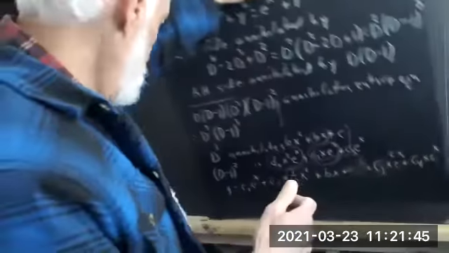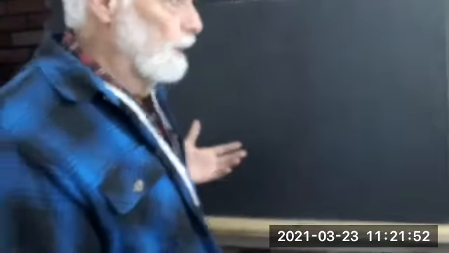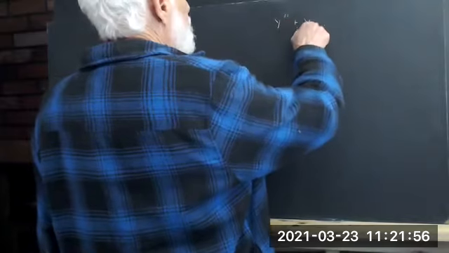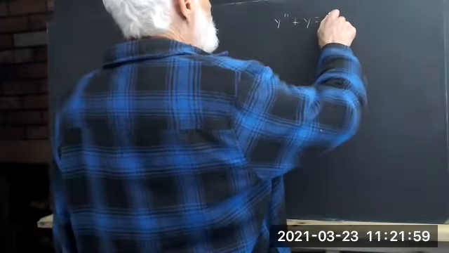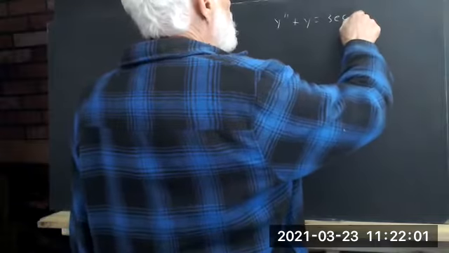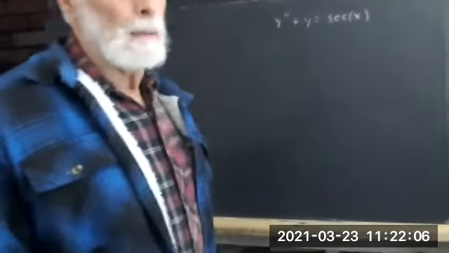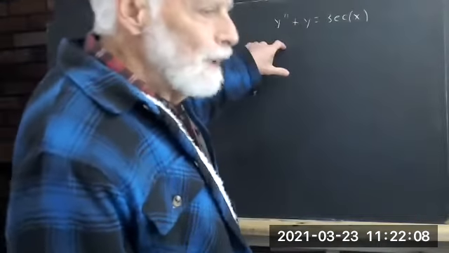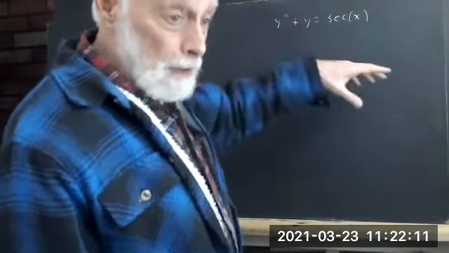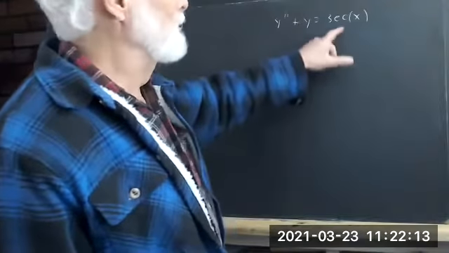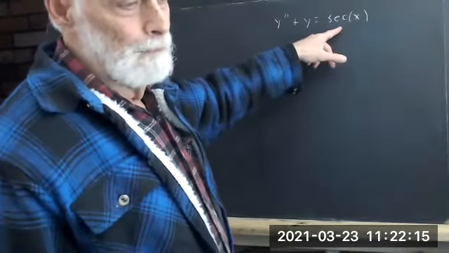If you have a very simple equation, kind of a standard equation to introduce this method, variation of parameters, whether you use differential operators and annihilators or not, what are you going to use to annihilate the secant?